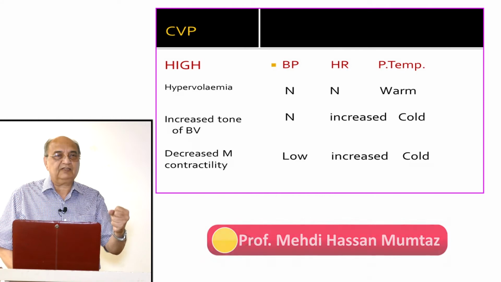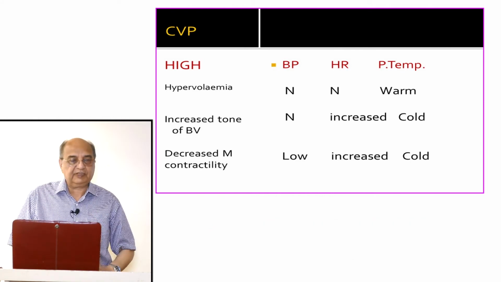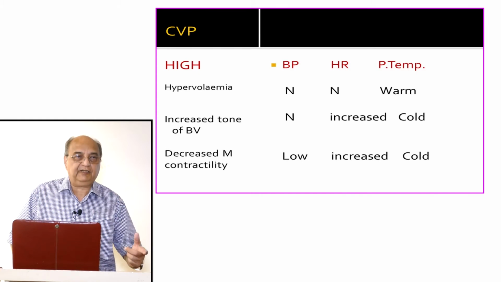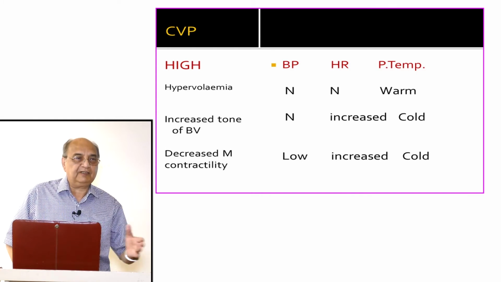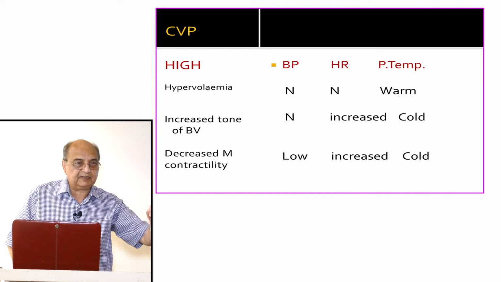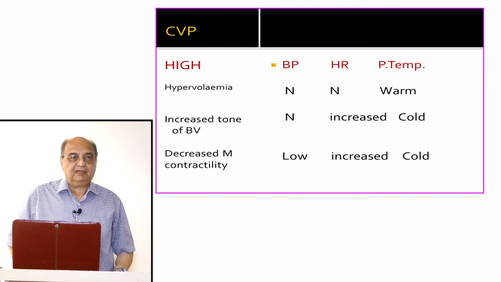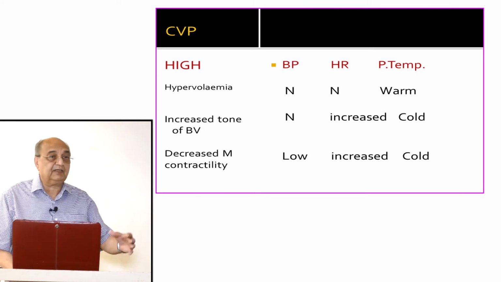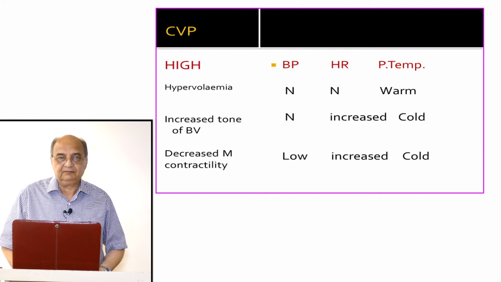So there are two causes of this increased tone of blood vessels. In the post-operative period, the patient has got pain. Give analgesic, and you will see immediately the central venous pressure starts coming down. Now second, somehow or other in a post-operative situation, the surgeon has stimulated the sympathetic system.